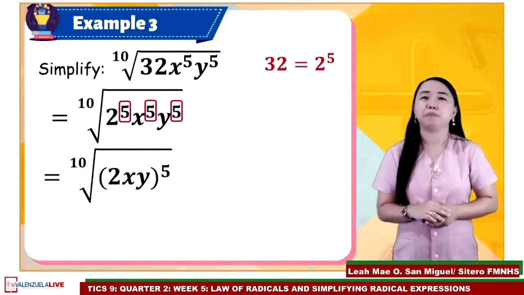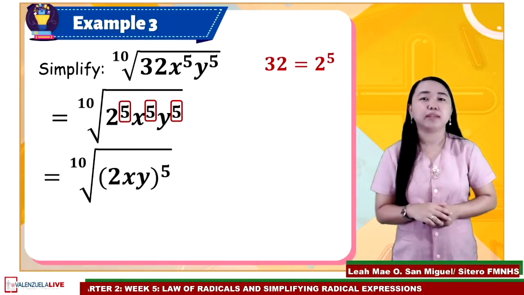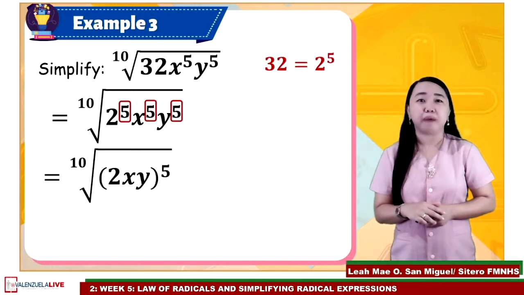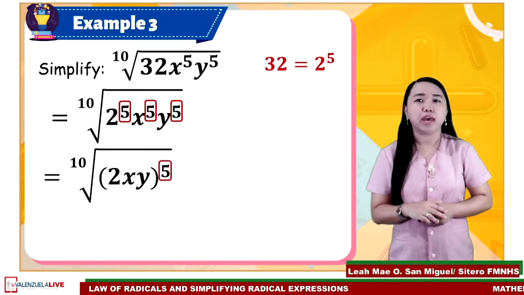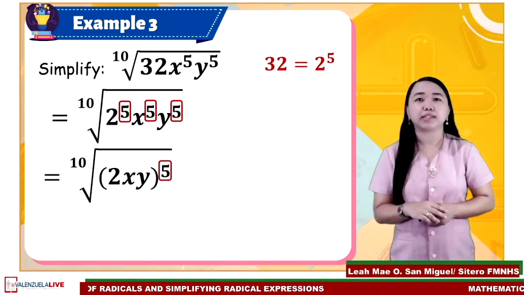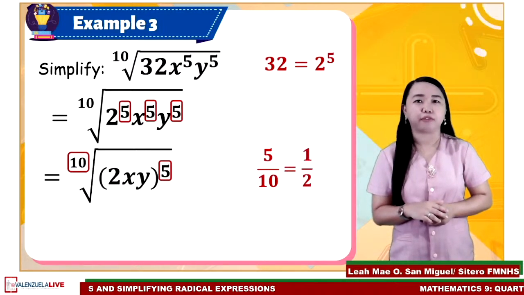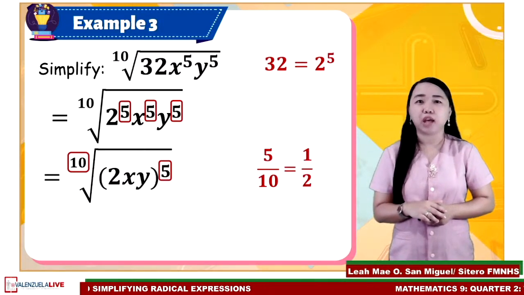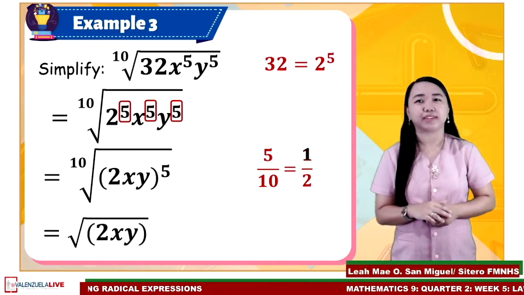Another way of simplifying this radical expression is by dividing the exponent of the radicand by the index. The exponent of the radicand is 5 and the index of the radical is 10. 5 divided by 10 is 1/2. If the answer is a fraction, then you have to rewrite it in radical form.